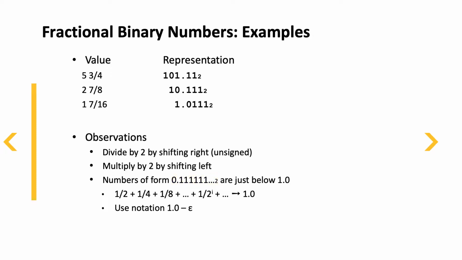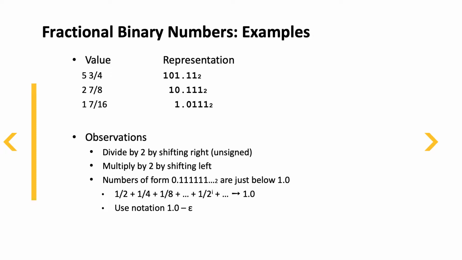All right, so 1/2 plus 1/4 plus 1/8 plus etc., 1 over 2 to the i. We're going to approach 1, but we're never actually going to get there. So 1 is basically our limit at that. We'll get as close as possible to 1, but we never actually reach it until we roll over and have a 1 to the left of the binary point.